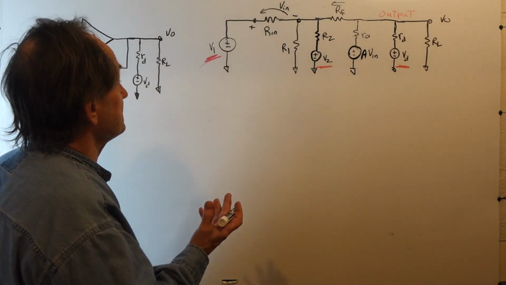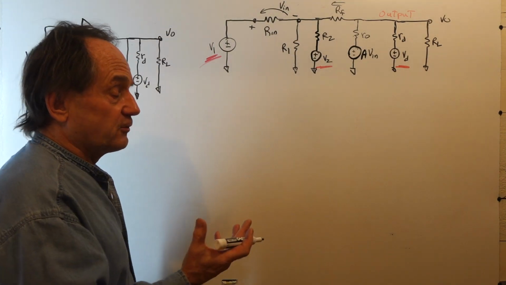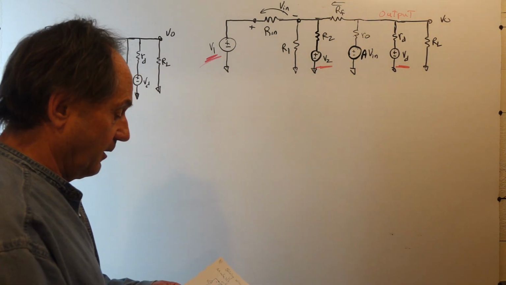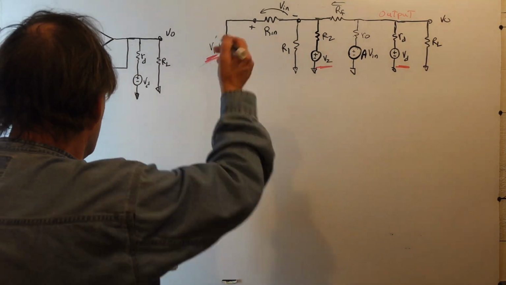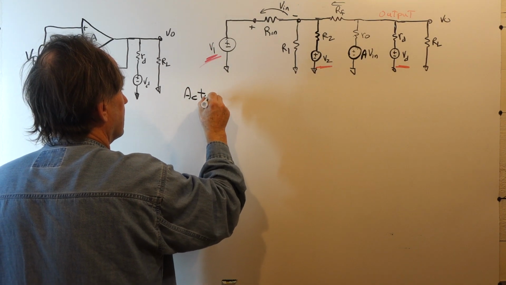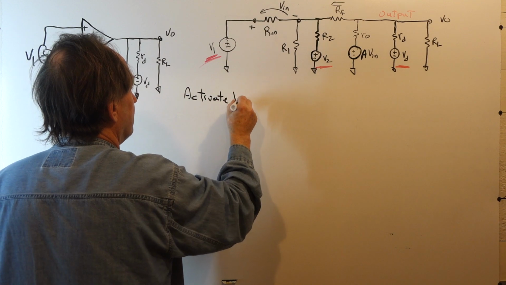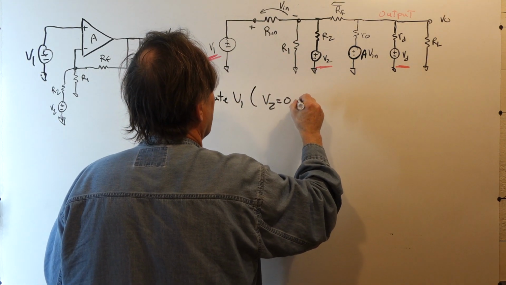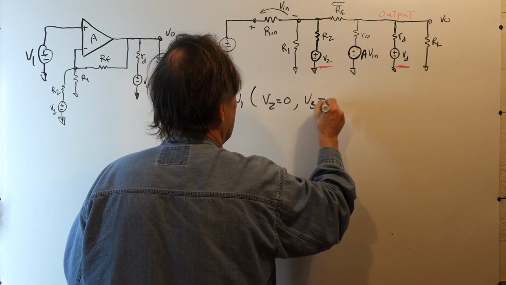So we replace voltage sources with a short, and if we have current sources, we replace them with an open. So here we're going to activate V1 with V2 equal to 0 and VD equal to 0.